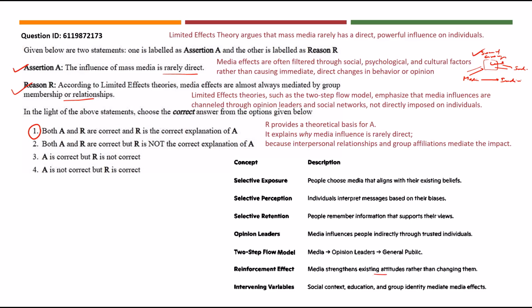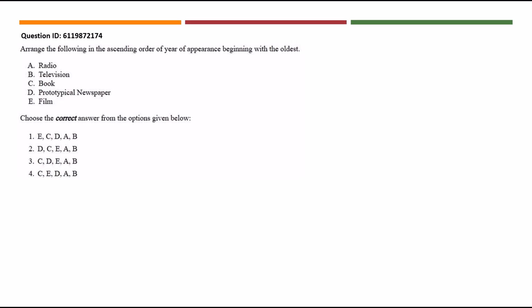The effect is more on this part rather than changing them. Intervening variables means social context, education and group identity mediate media effects. Sometimes due to the social context or the education that we had, we may contradict or we may go along. Next question: arrange the following in the ascending order of year of appearance, beginning with the oldest.